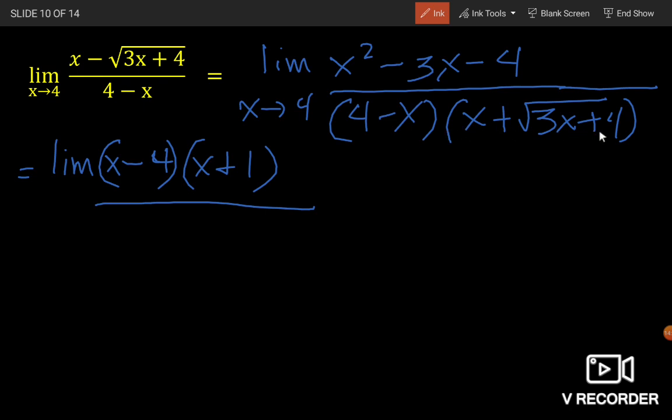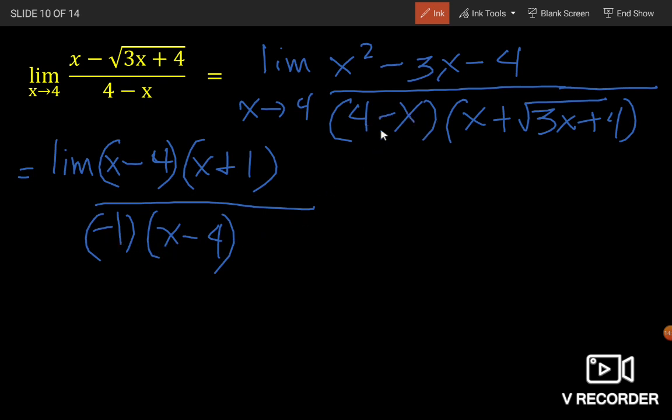But take note, this 4 minus x, if you factor out negative 1, actually becomes x minus 4. Now, if you multiply negative 1, it will be negative x plus 4. This is basically this one.